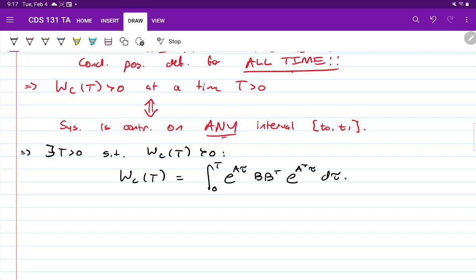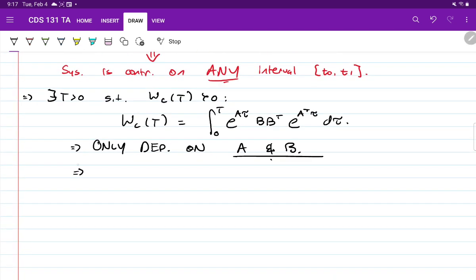So what does it mean for there to exist a single time greater than 0 such that we get positive definiteness? What does this condition actually depend on? What we see is that this only depends on A and B, right? This condition is entirely determined by my A and B matrices, okay?